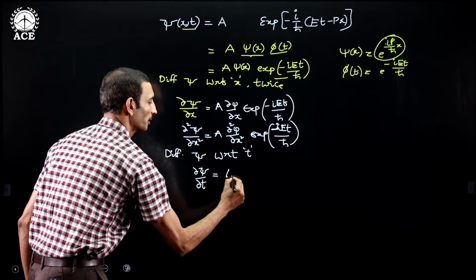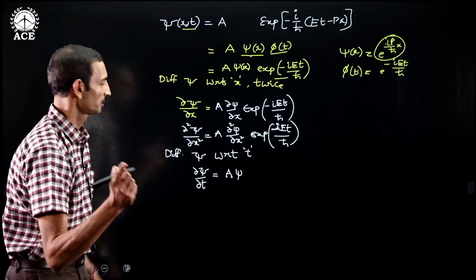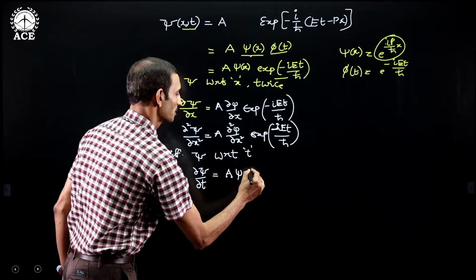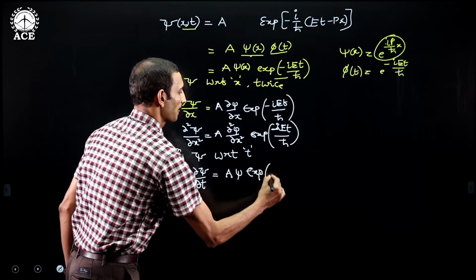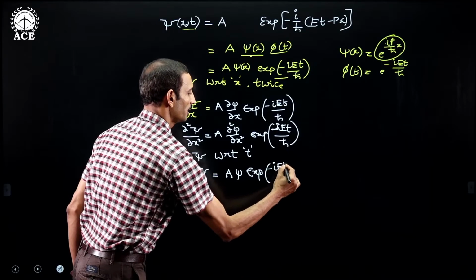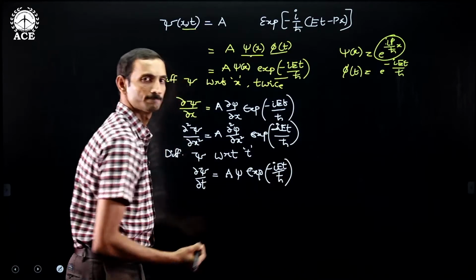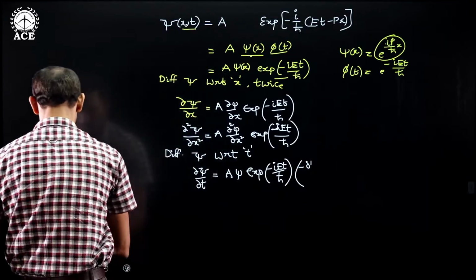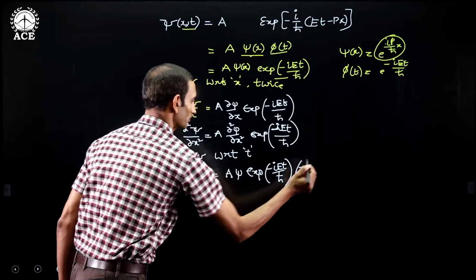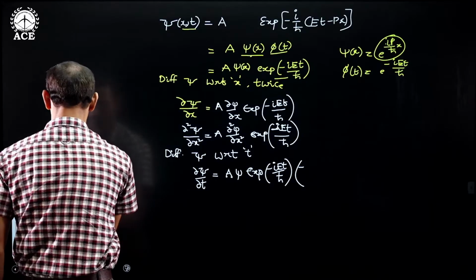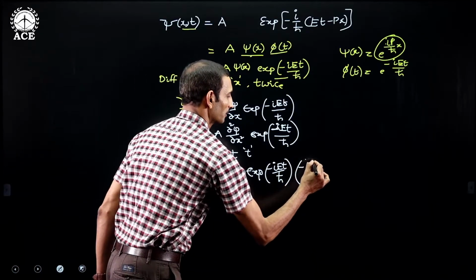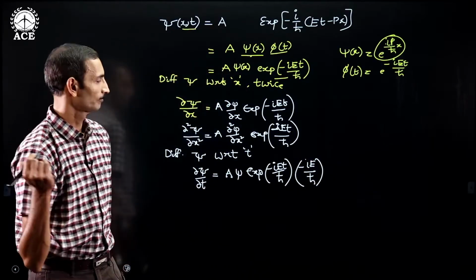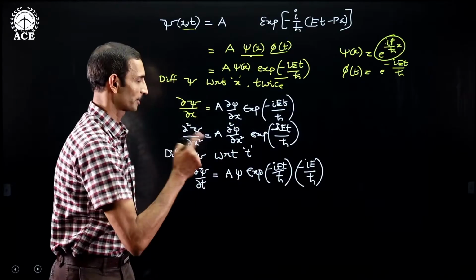This is equal to A into psi, which will remain as it is because it is with respect to t, so A psi of x into exponential of minus iEt by h cross into minus iE by h cross. Agree? This one only with respect to t.